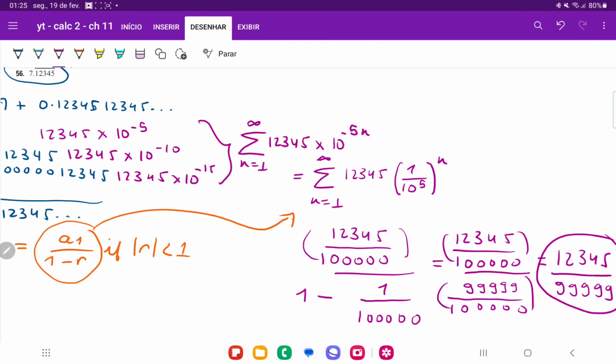So this is the result of this sum here. That's the whole infinite expansion.